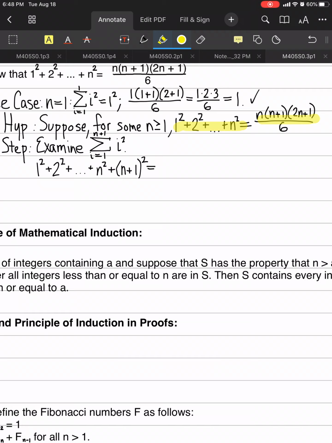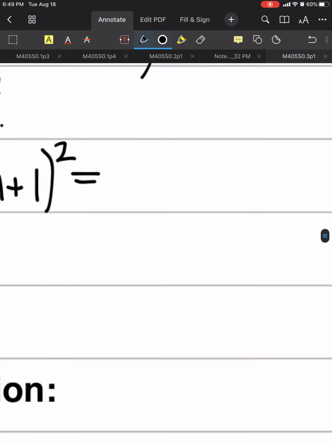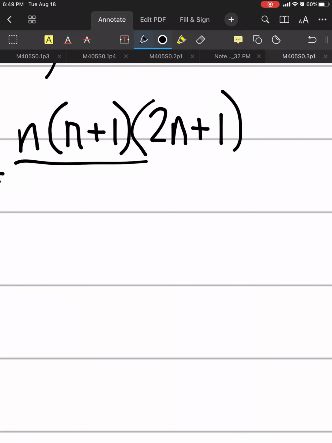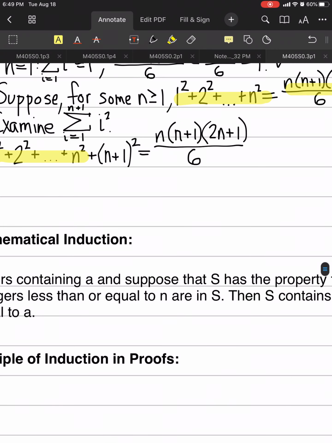So I can replace those first n terms by this fraction: n times n plus 1 times 2n plus 1 over 6.